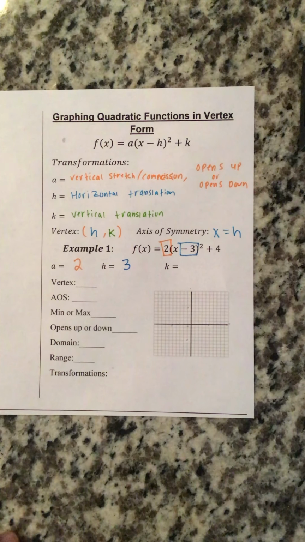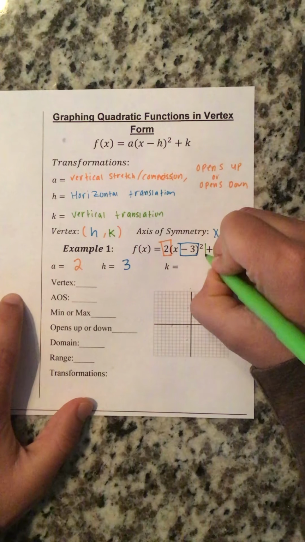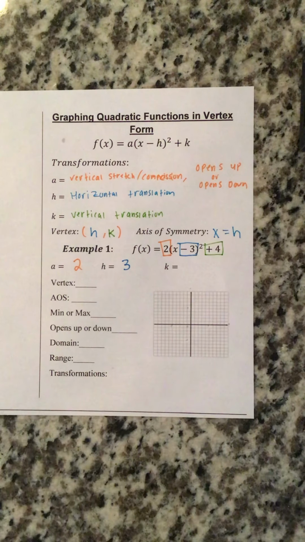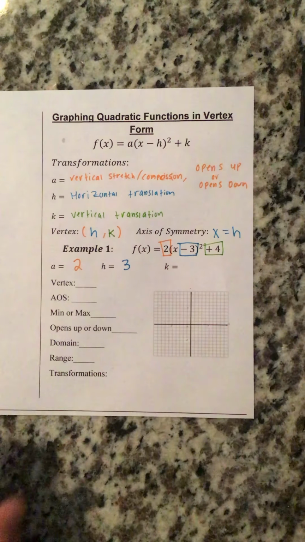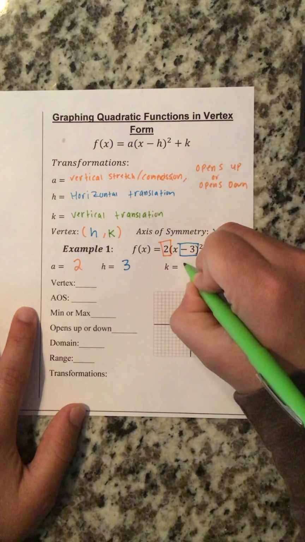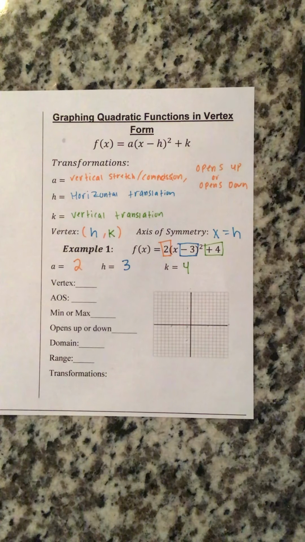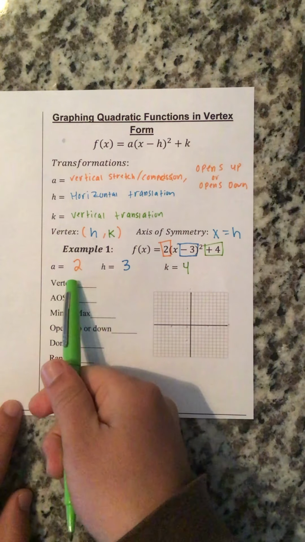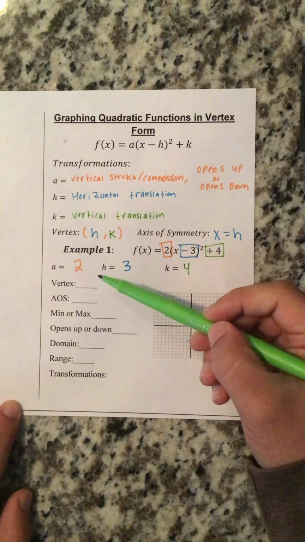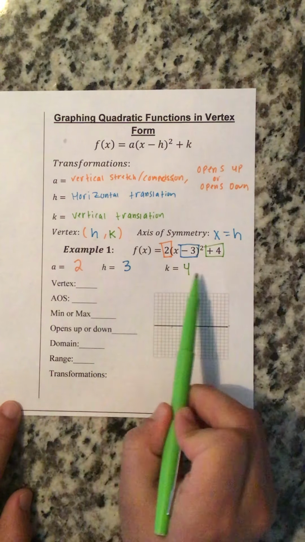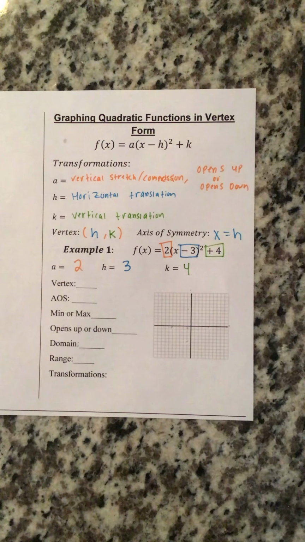So that's my h value. And then the k value, that one's easy. That's what's at the very back. You don't have to take the opposite. So k equals positive 4. So I have my a, my h, and my k. I can find all of these things just from these three numbers, okay?